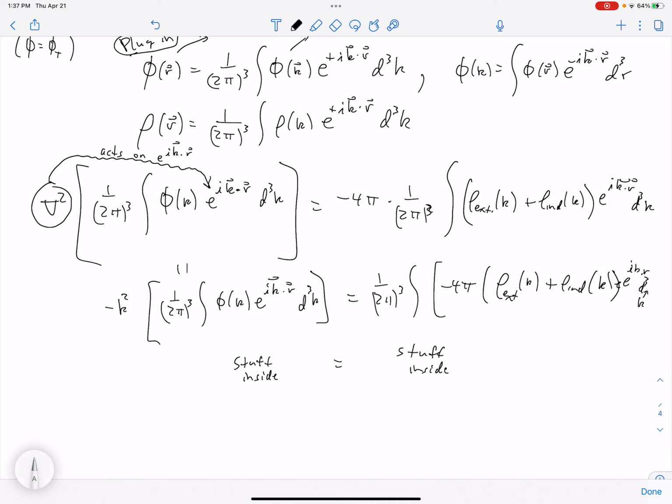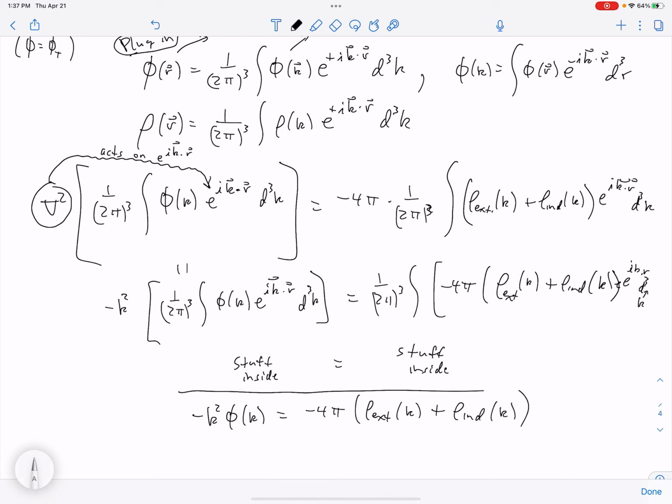And so Poisson's equation becomes negative k squared phi of k is equal to negative 4 pi, rho external of k plus rho induced of k.